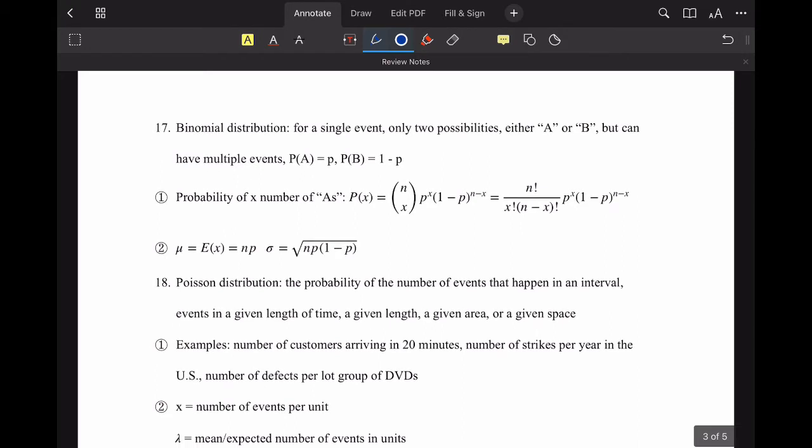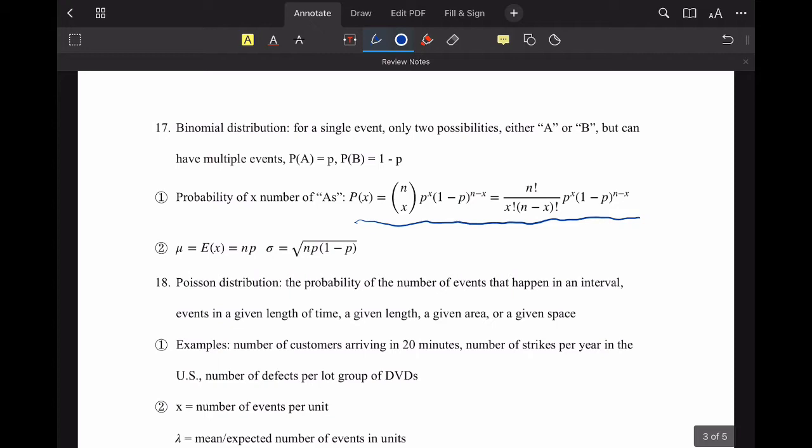And how to calculate the binomial distribution is based on this formula. How to calculate the probability of success, of yes, or of A. It is pretty straightforward, right?